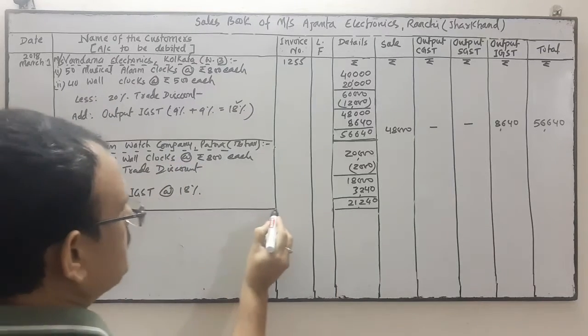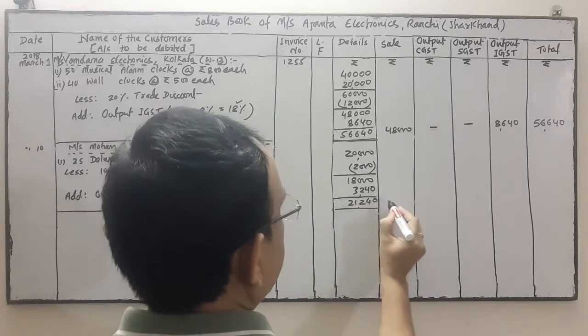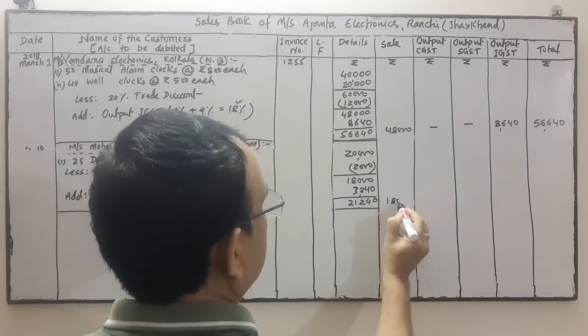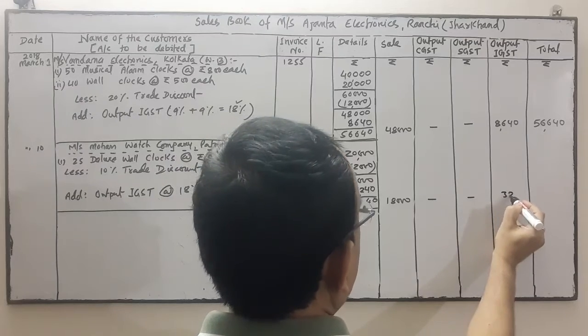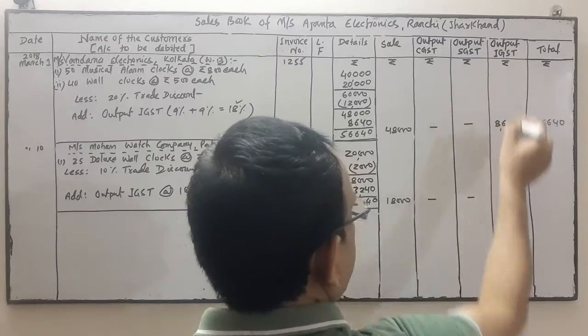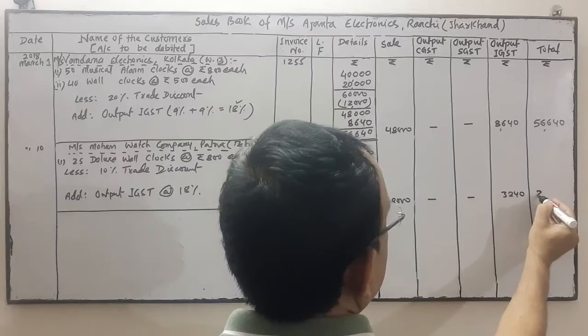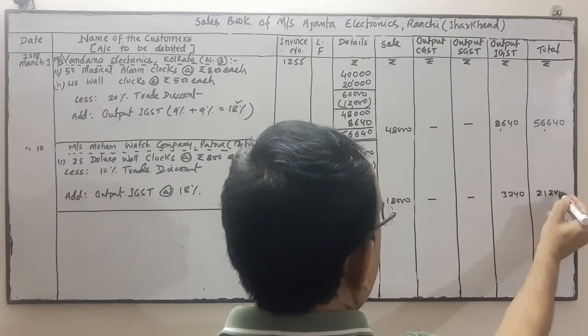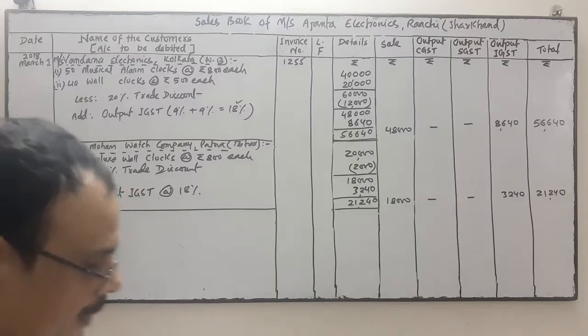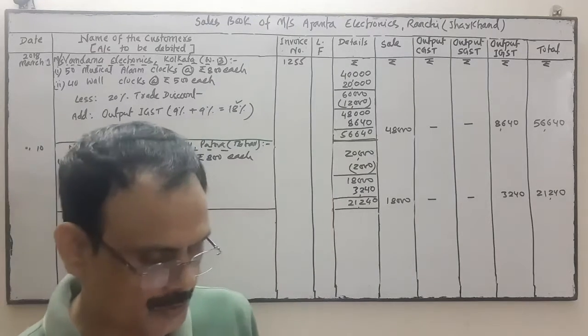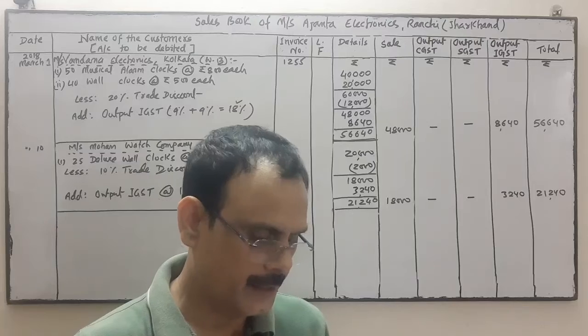Now we'll write 18,000 here, dash dash, and 3,240 in the output IGST, and the total is 21,240.